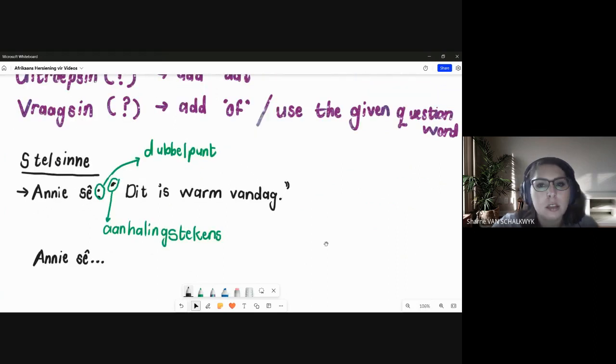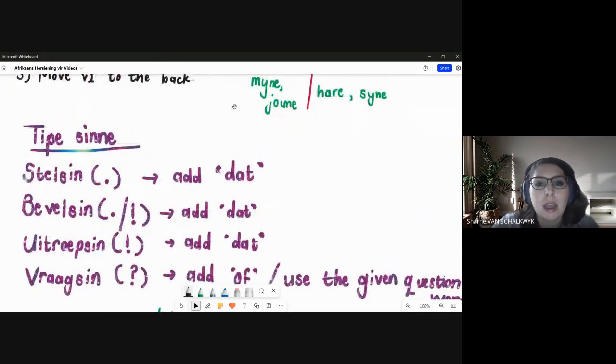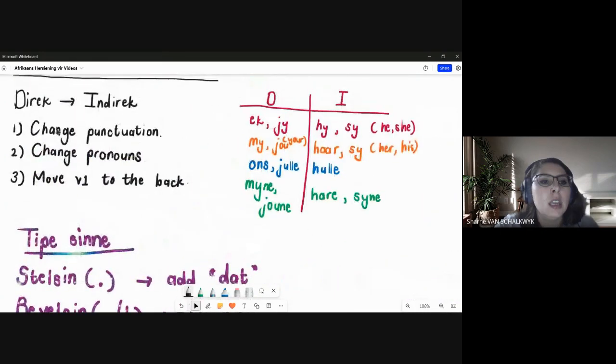So remember, let's just go back to the three things that we said here at the beginning. Change punctuation, change pronouns, move verb 1 to the back because you've added a group 3 conjunction. You can't write "add a group 3 conjunction" because sometimes it's already given to you.